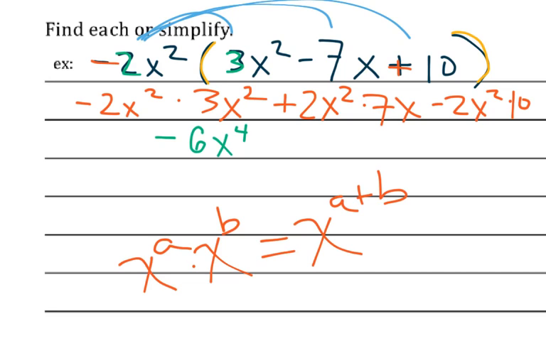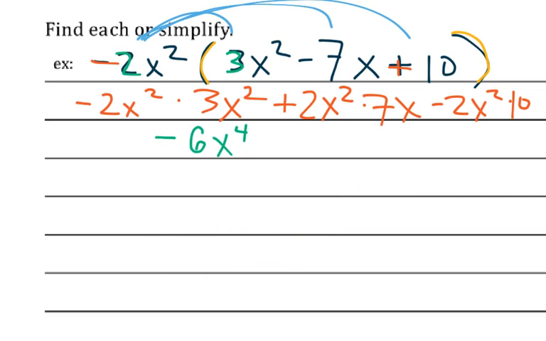So in this example, this 2 and that 2 give us 2 plus 2 to get this 4. And like I said earlier, a negative times a negative gives me that positive. So I'm going to have plus 14x cubed. And then lastly, minus 2 times 10 is 20, x squared.